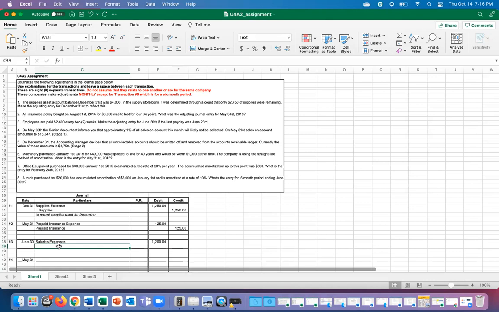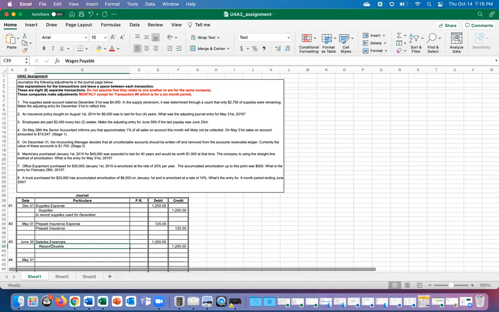And the credit is going to go in the wages payable account, and that's also going to be for the $1,200. And the wages payable account is much like the other payable accounts that you're used to. This is money that we will eventually be paying out to somebody, whether that's another business or a vendor or a client, or in this case, our employees.